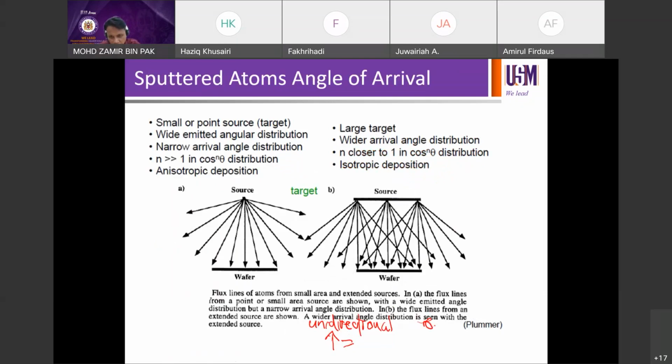Remember last time we discussed unidirectional and omnidirectional. Proses mana yang paling line of sight or unidirectional daripada semua thin film deposition process? Uni satu arah, omni banyak arah. Proses mana yang paling unidirectional? Anyone?